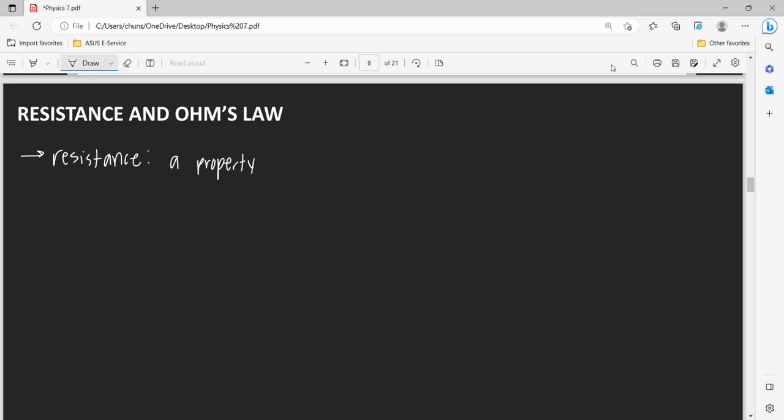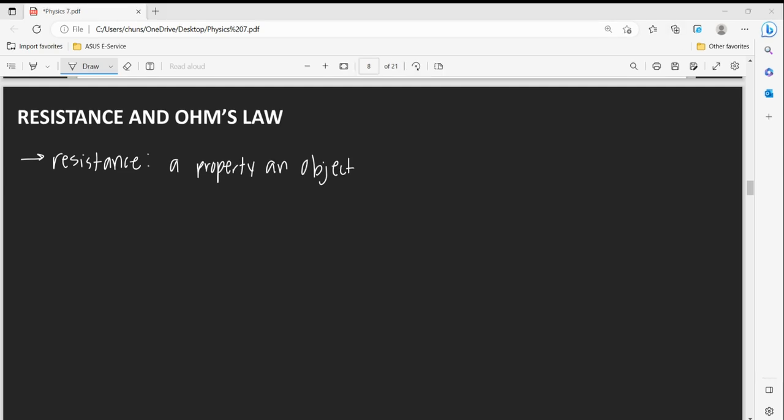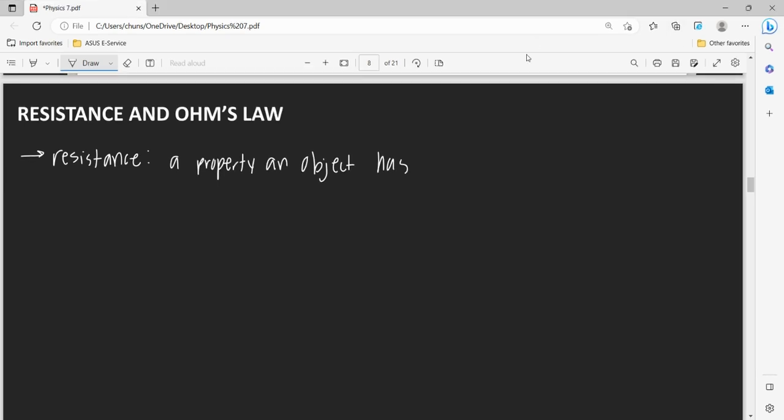So it's a property an object has to reduce electron flow or current flow in a circuit. And you may have used these in some practical applications like LED lights.